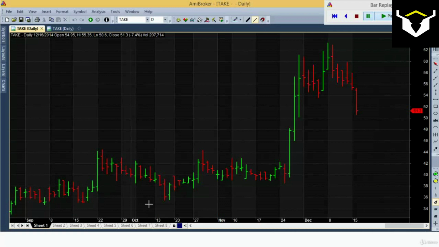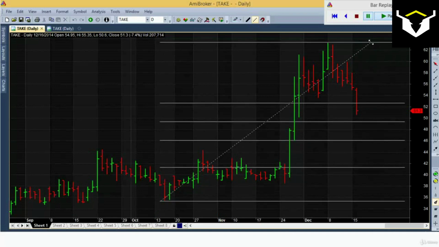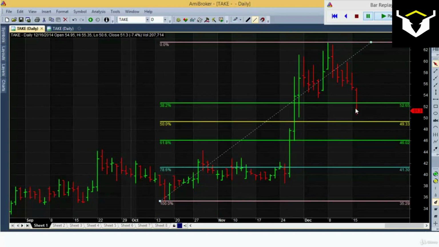Since I'm plotting retracement for an upward moving market, I'll first select the bottom, drag till the top and leave. As of the last bar, prices have breached below 38.2% and are moving towards 50%.